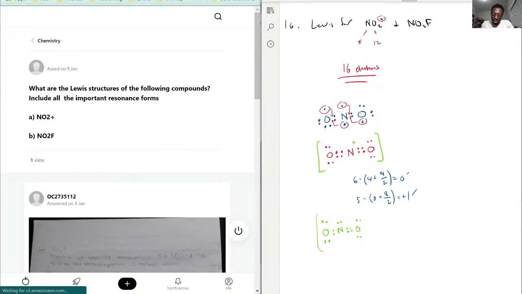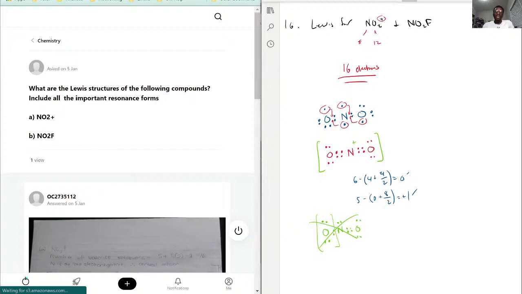And even the nitrogen wouldn't be either, because now it has 10 electrons instead of 8. So that wouldn't be it. So looking at this, this is the most stable and frankly probably the only resonance structure it can form, because any other thing would break the octet rule.